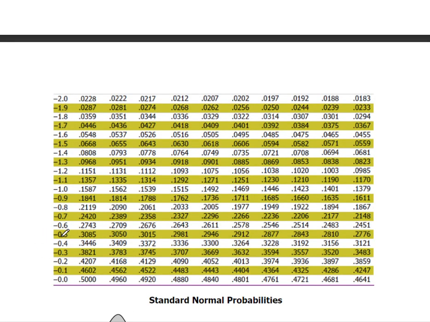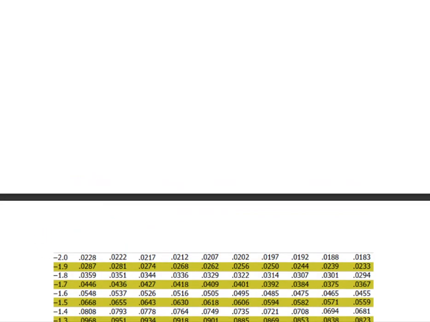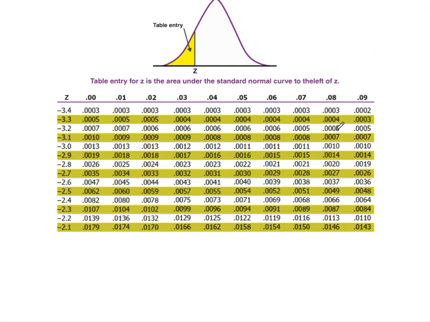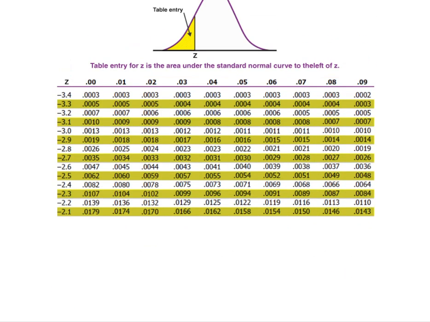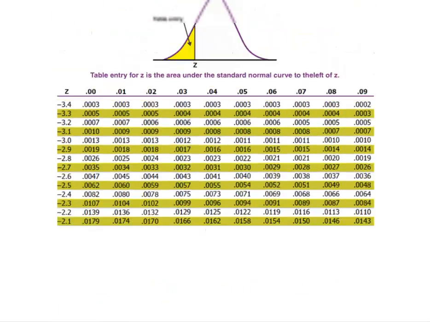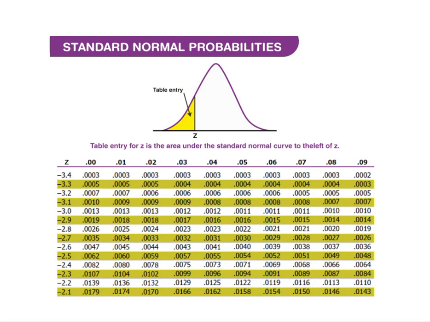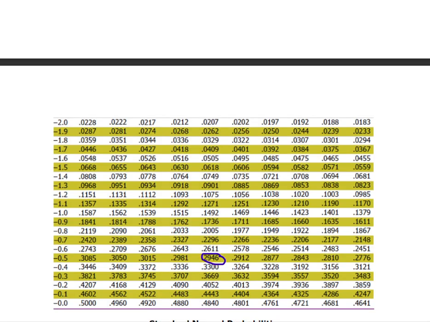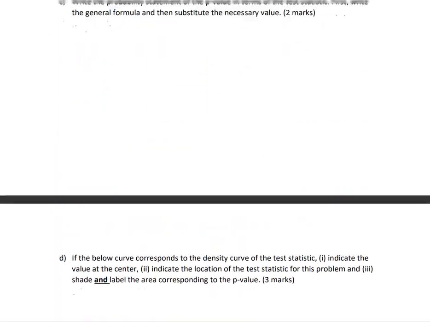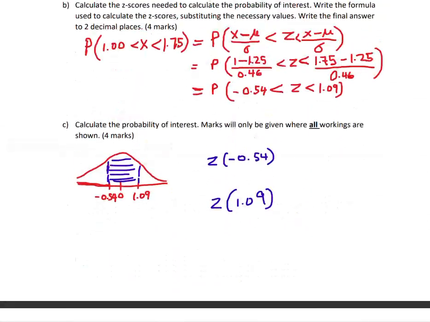So we go to negative 0.5, and then across under the column that says 0.04. 0.04 is the fifth column there. So from negative 0.5 here, we would go across 3, 4, 5. This is the fifth column. So the answer is 0.2946. That 0.2946 is the probability associated with the lower limit here.